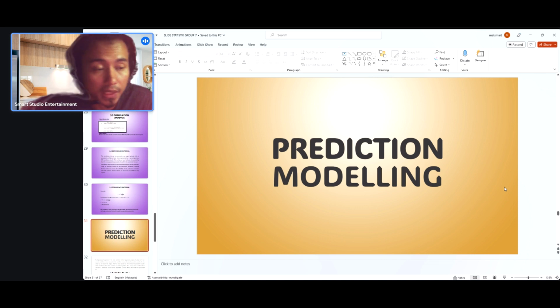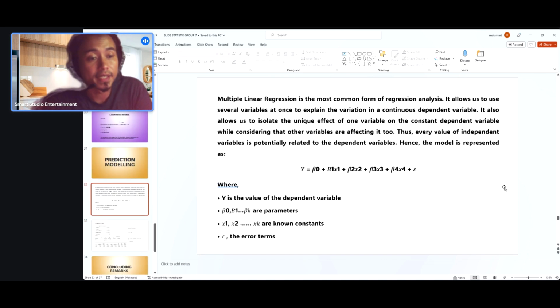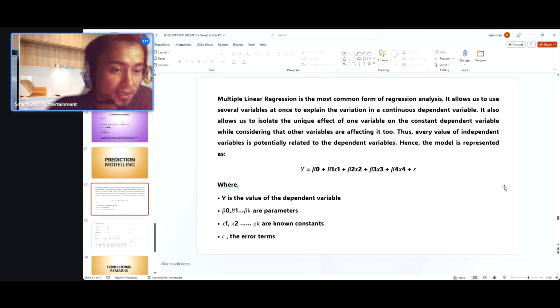The prediction of modeling. Multiple linear regression is the most common form of regression analysis. It allows us to use several variables at once to explain the variation in a continuous dependent variable. It also allows us to isolate the unique effect of one variable on the continuous dependent variable while considering that other variables are affecting it too.